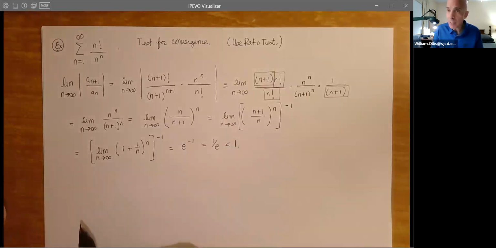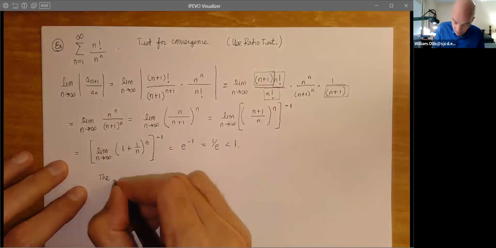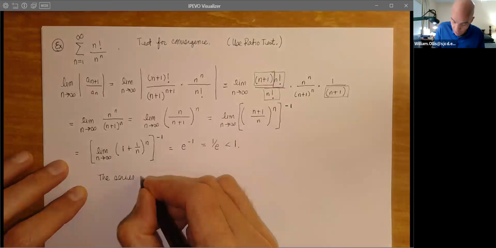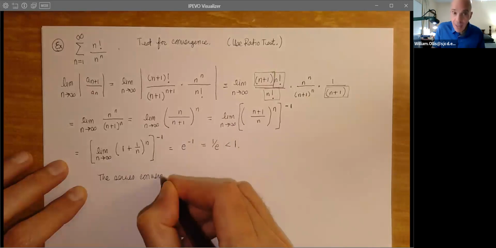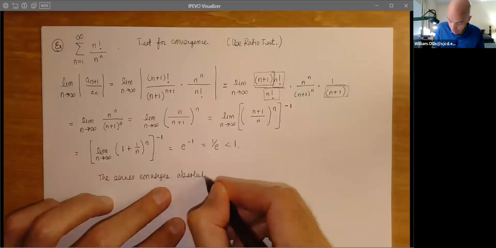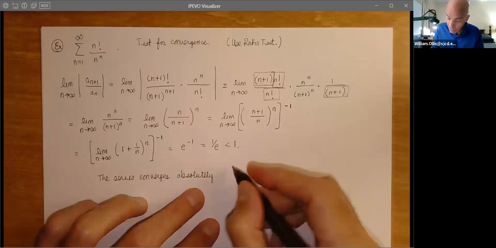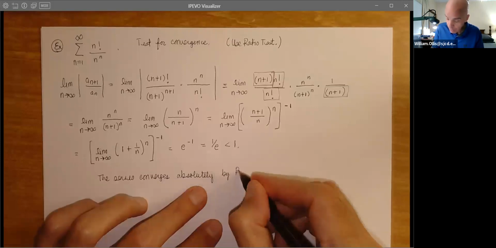You tend to be better at limits. And so now the series converges absolutely. I mean, absolute value, that's still the same thing, absolutely, by ratio test.